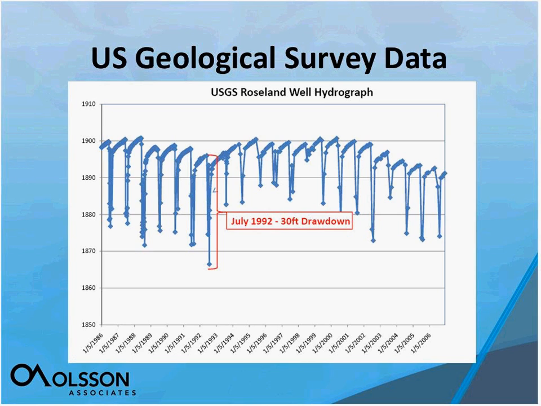In the USGS monitoring well, they took a measurement every month. And you can see that during the month of July in 1992, there was a drawdown of about 30 feet during the irrigation season. So in simulating our groundwater model of the area, we needed to account for the fact that not only is the water table fluctuating over the years, but throughout the year, you see quite a significant decrease during irrigation.